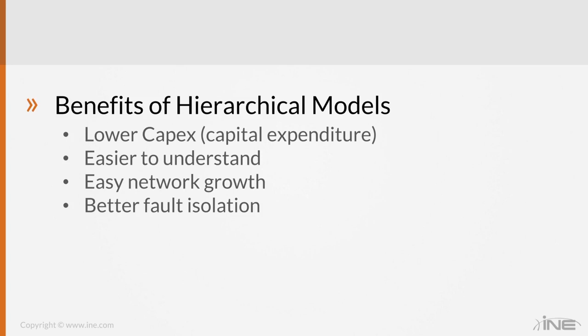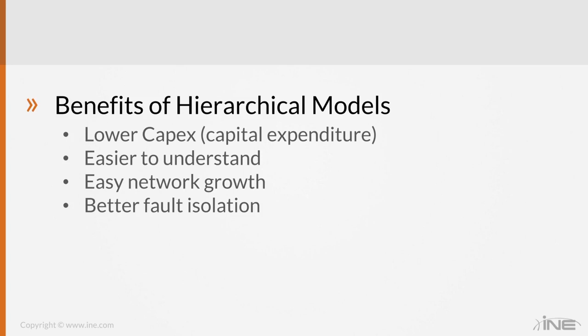So if you present a network design and you can show that your hierarchical model, the way you build it, is going to lower their capex than just flat out buying stuff as you go, well, you have a point there. It's easier to understand.